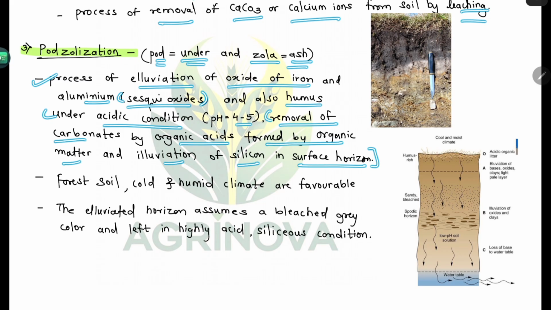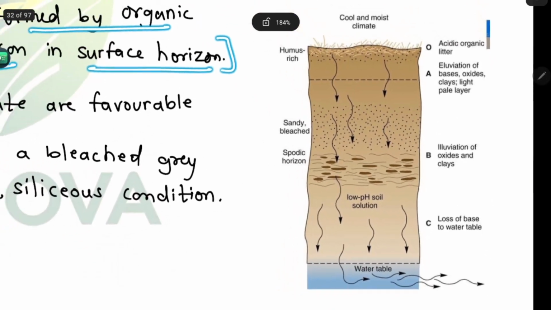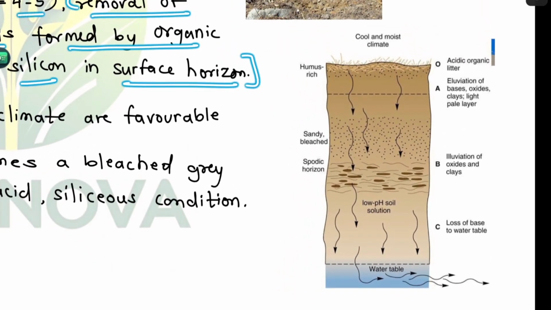So basically what happens here? In the image we can see that the upper soil layer, which is the A horizon, contains major organic matter and minerals because it is called the mineral horizon.